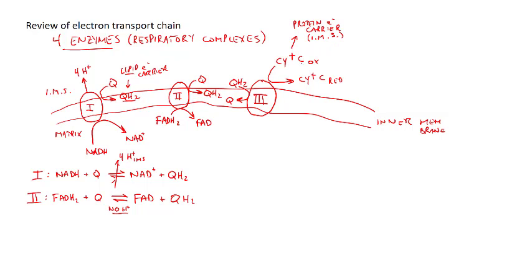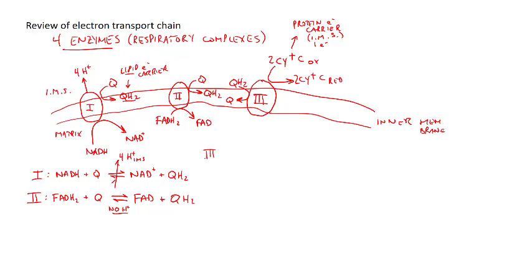And cytochrome C can only carry one electron at a time. So in order for our electron count to balance out, the reaction at complex 3 requires 2 cytochrome Cs.